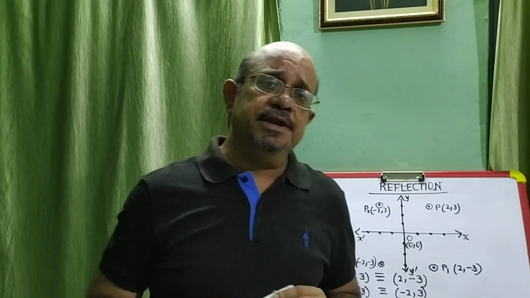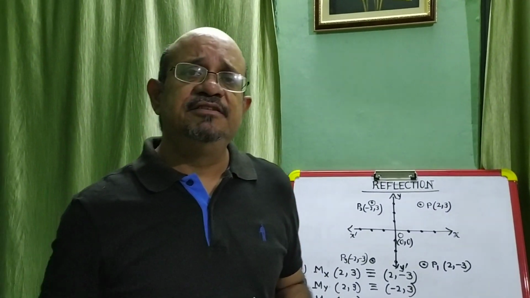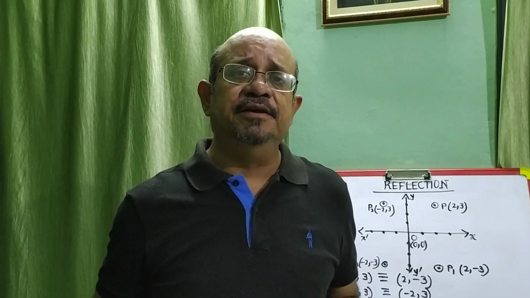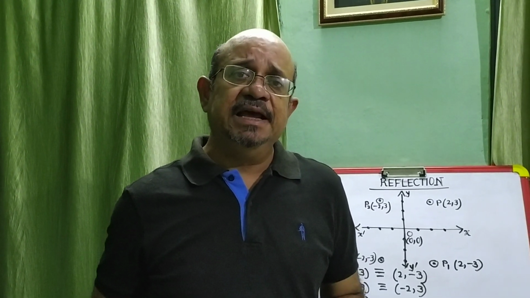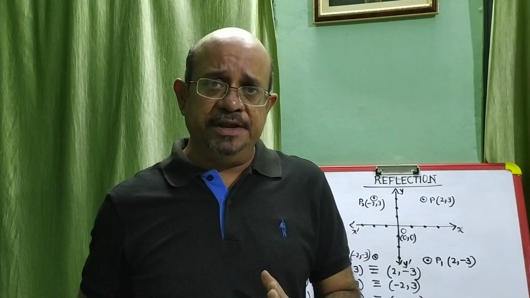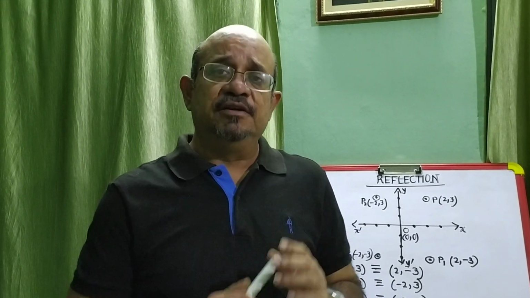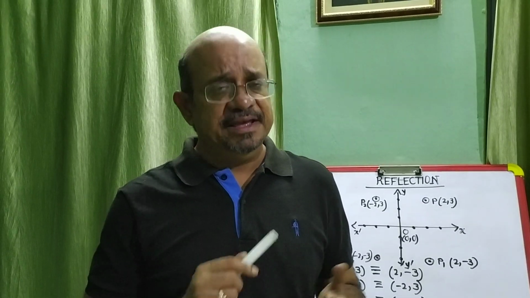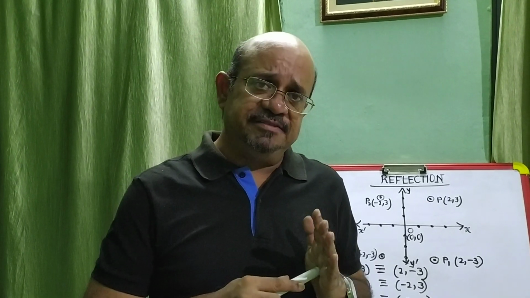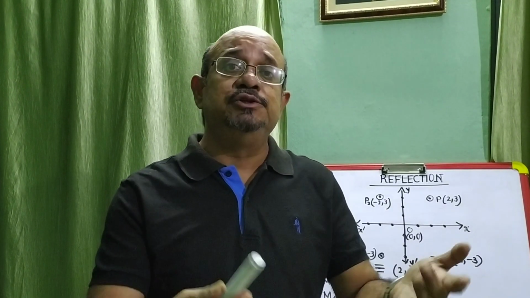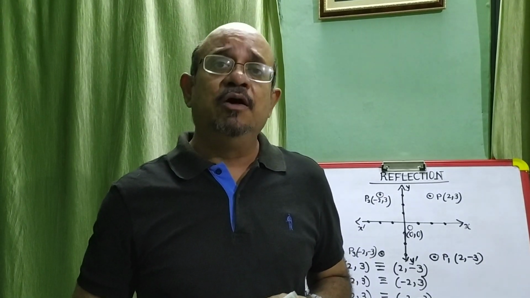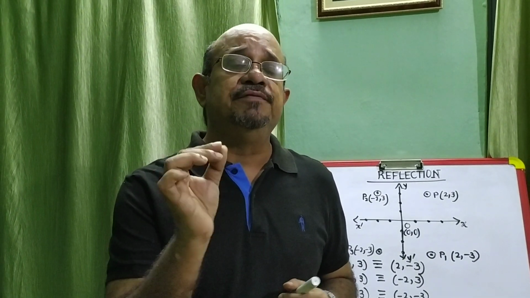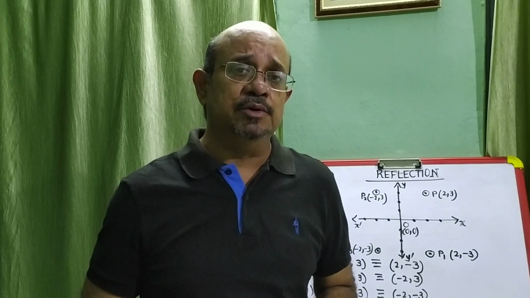In case of coordinate geometry, points, lines, and different figures will be reflected about fixed lines or points, which will serve as the mirrors. These lines can be the x-axis, the y-axis, or lines parallel to the x-axis or y-axis, or the fixed point about which the figures will be reflected can be the origin also.